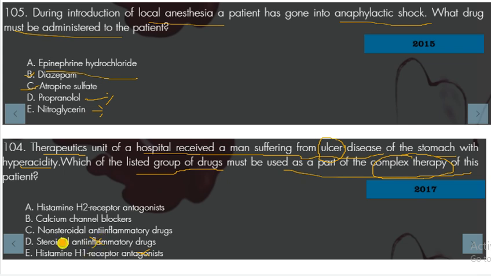Steroidal anti-inflammatory drugs, don't use. Non-steroidal anti-inflammatory drugs, they will exacerbate the ulcer. Calcium channel blockers, no, we don't use them for ulcer. H2 receptor blockers, yes, histamine H2 receptor blockers. Examples: famotidine, nizatidine, ranitidine, cimetidine.